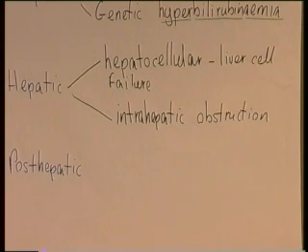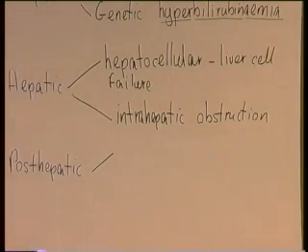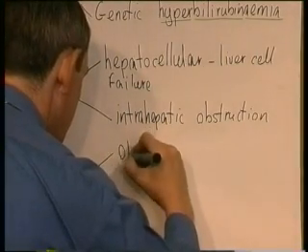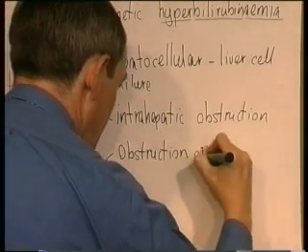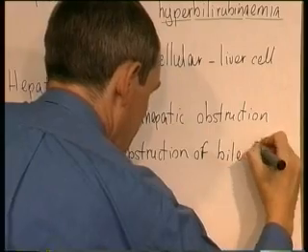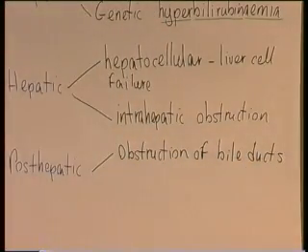Now the posthepatic type may be due to obstruction of the bile ducts themselves, where there is some blockage actually in the bile ducts themselves.